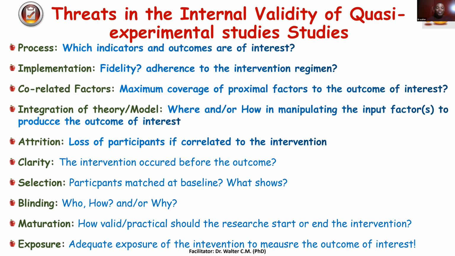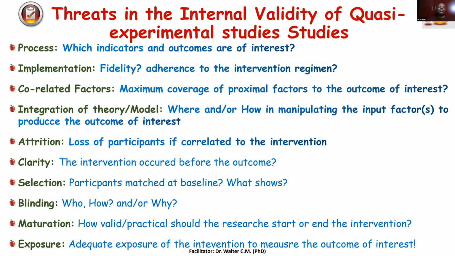So you need to be keen enough in your methodology, stating the plan to deal with loss to follow-up. You need to prescribe it before you even go there, so that you show the mechanism to promote adherence to the intervention. You prescribe there will be this activity, this activity.